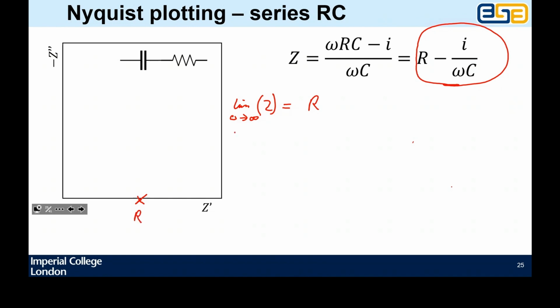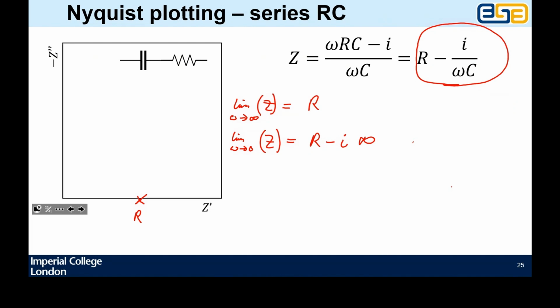Okay, what happens in the limit as omega goes to 0 of z? As omega goes to 0, this thing's going to explode off to infinity. So it's going to become R minus i infinity. People squeamish at home, because this is not a very formal way to do limits, I don't care. This is useful for drawing diagrams. So the real component stays constant, always in the same place on the real axis.